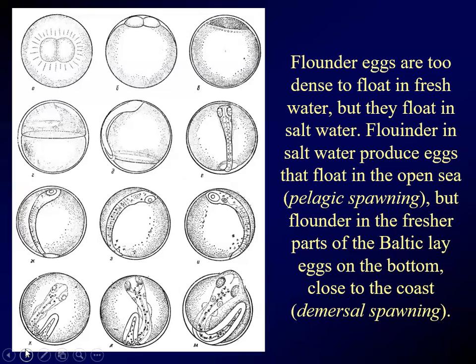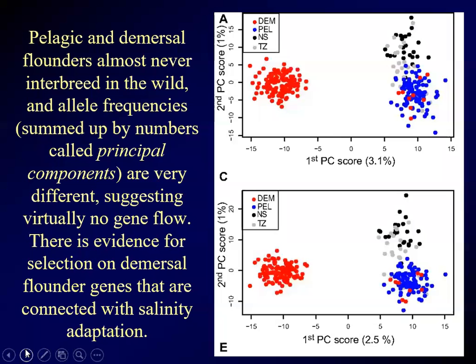have. Okay, so that salinity difference means that there are differences in where the eggs are found. The difference in salinity creates differences in where the eggs go. And that creates a barrier to interbreeding. Demersal flounders almost never interbreed in the wild.